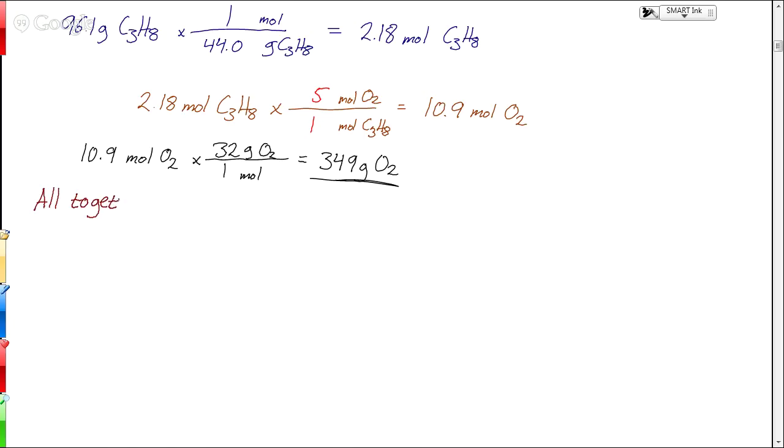Another way to do this calculation is to think about it all at once as a kind of conversion question. So we would go 96.1 grams of C3H8 times that conversion factor.